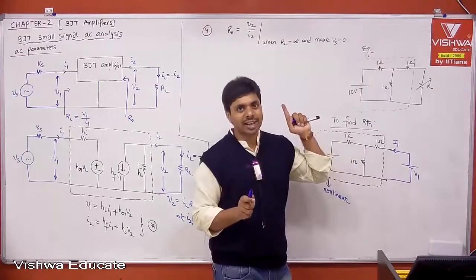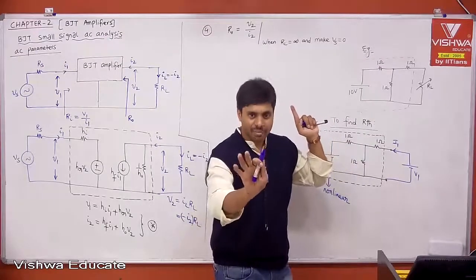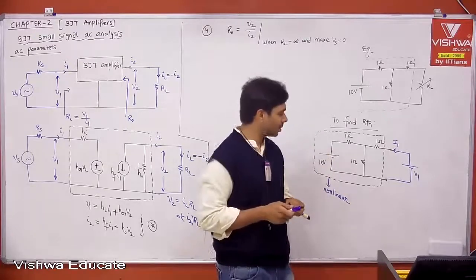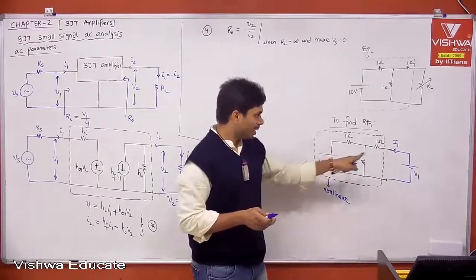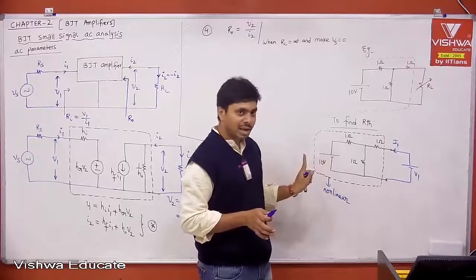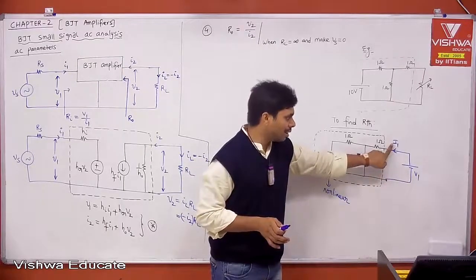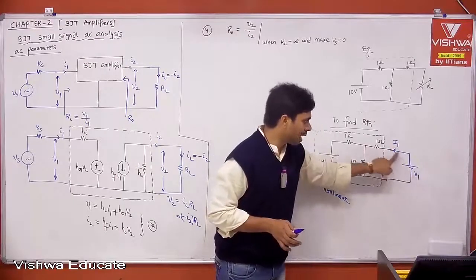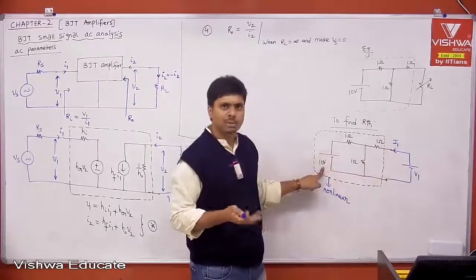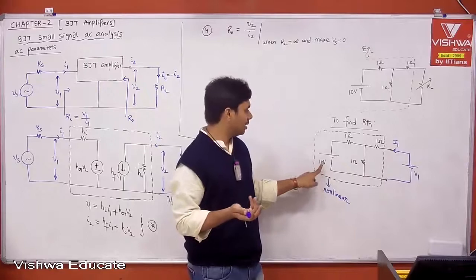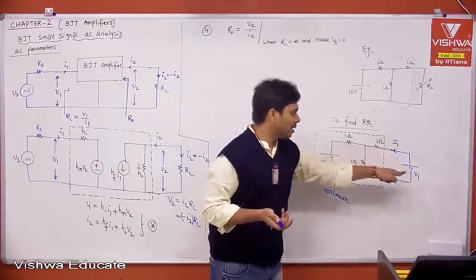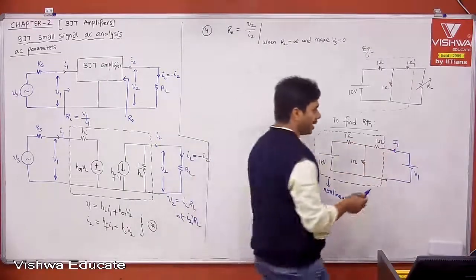Am I correct? But why are we going there? I am clarifying that. Now tell me, if a 10 volt battery is there inside, when you apply V1, then you are getting I1. Your I1 is not only because of V1, your I1 is also because of the 10 volt battery. Superposition, right? This 10 volt battery is also giving some current, and V1 is also giving some current. Therefore, can I write it like this?